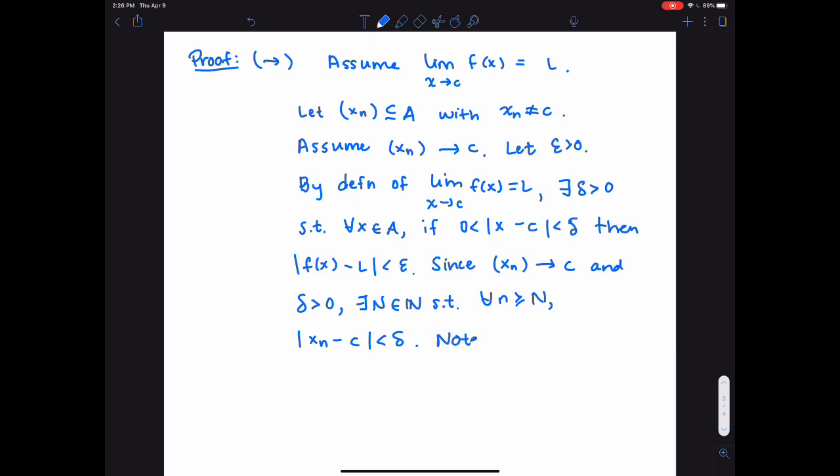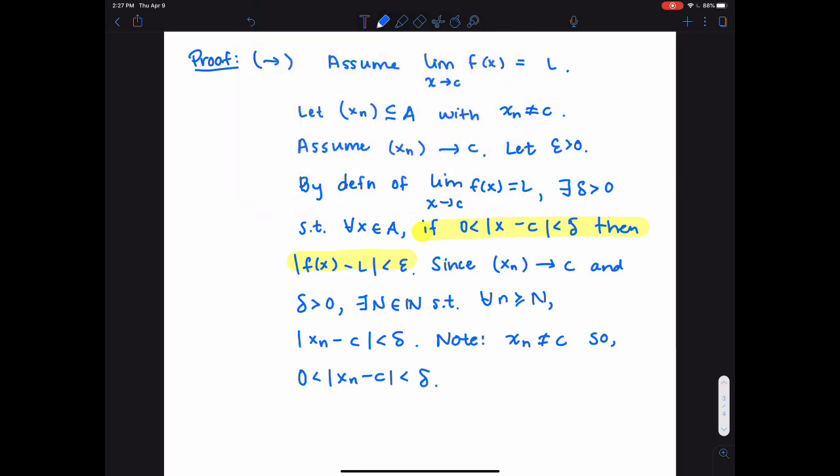Note, we assumed that xn is not equal to c, so we really have this strictly greater than 0 distance being less than delta. Now notice we just made this statement that if we have a number within the delta neighborhood of C, then we can guarantee a statement about its outputs.